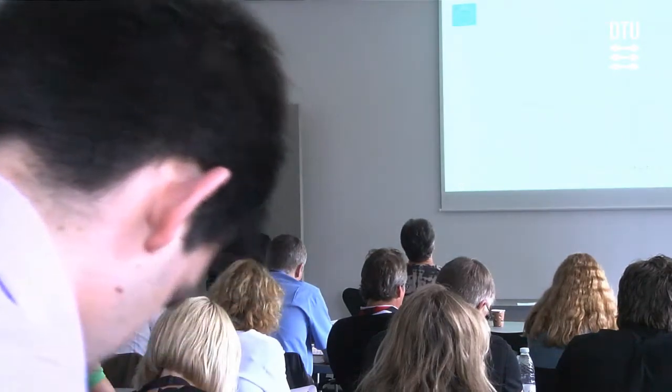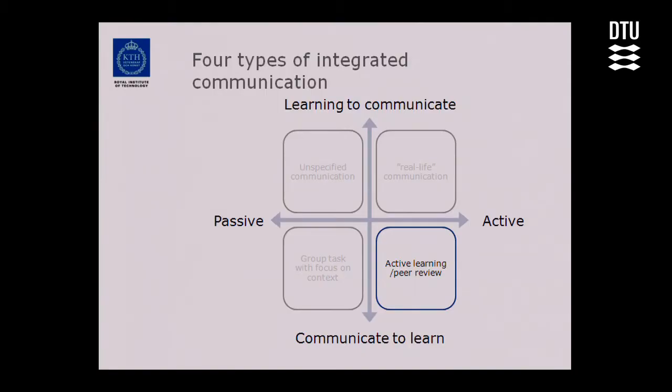And on the other side, active learning or peer learning. The teacher may do something active on the lecture also. So this is just the whole model that I have talked about.